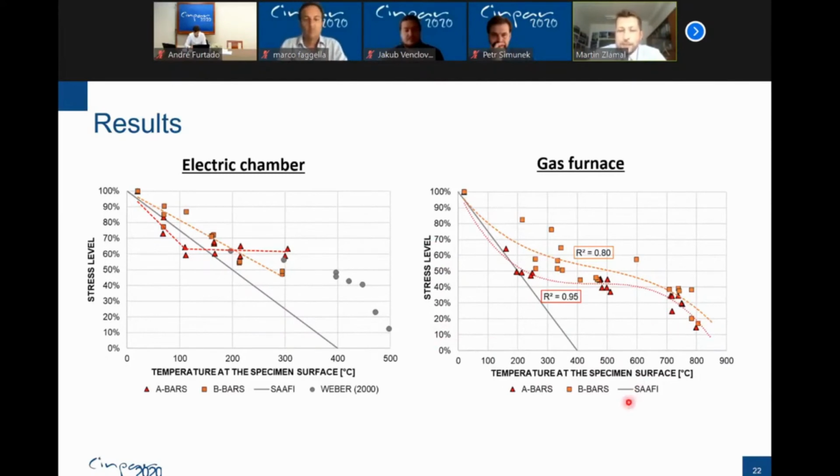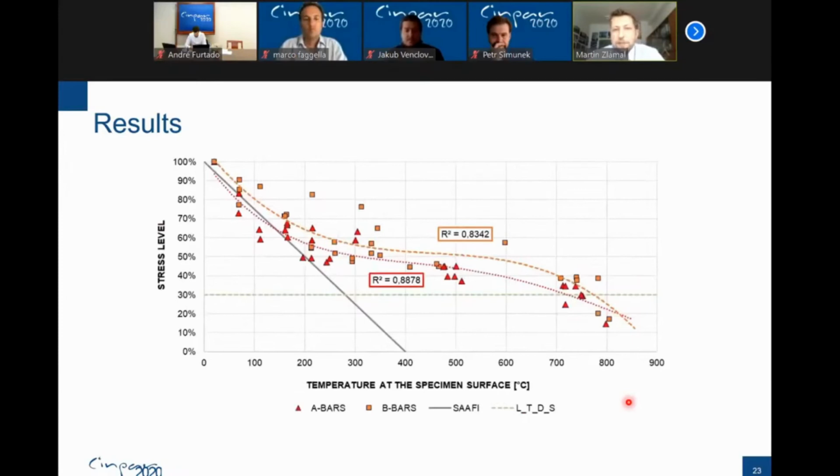If we combine these results together, we obtain the final curve, which gives us the behavior of the FRP, in this case FRP with glass fibers. So the first area is the melting of the matrix, then burning of the matrix, and at the end of the line, you may observe the results for only glass fibers.